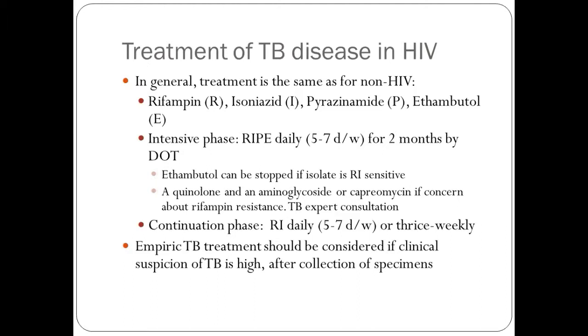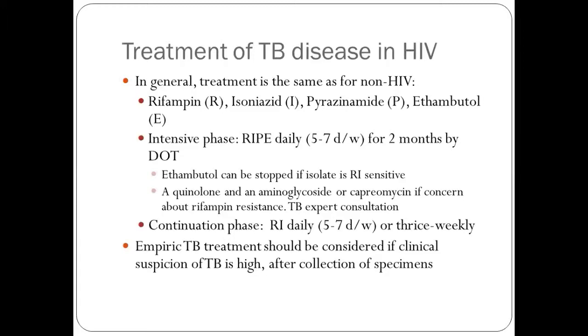And then the other thing to consider is when you have a patient in whom you have a high suspicion for tuberculosis, and we were talking about this the other day, the smears and even the PCR may be negative, but if your clinical suspicion is high, you may consider starting empiric TB treatment after collecting the necessary specimens.